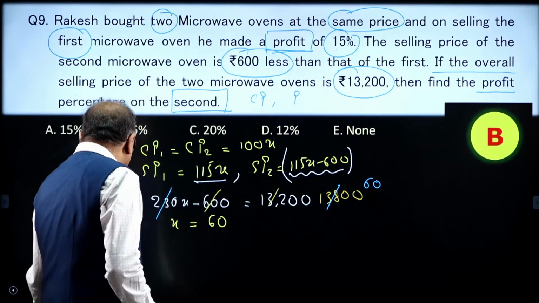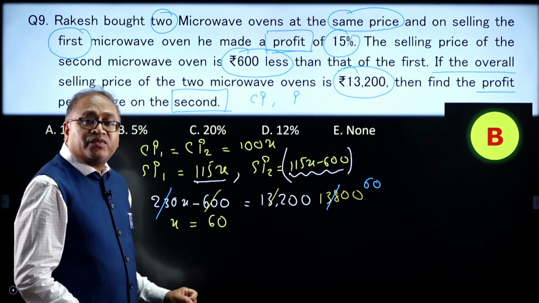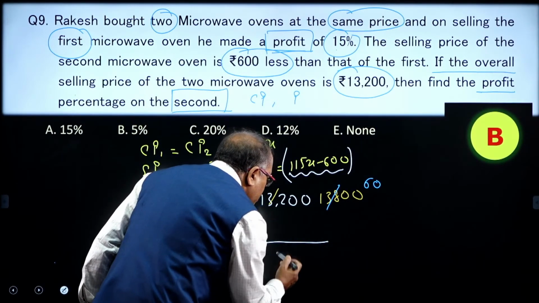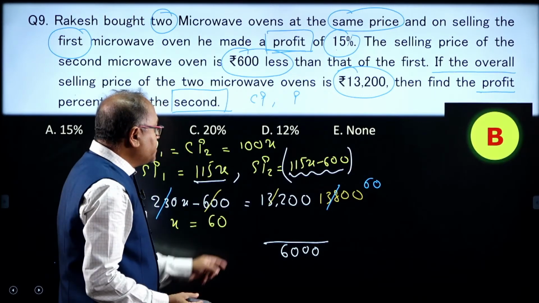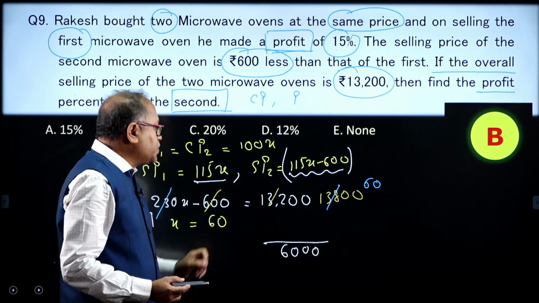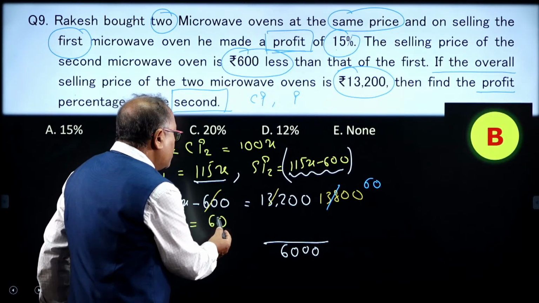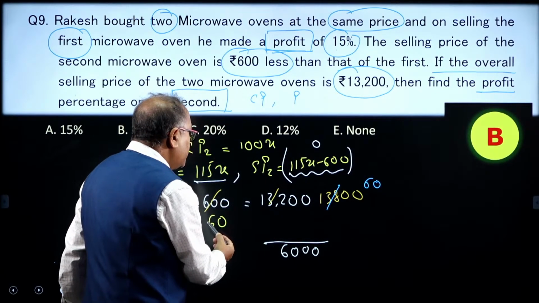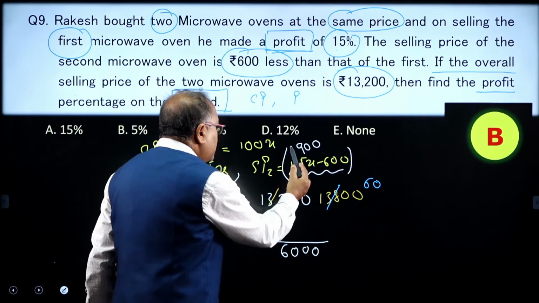So, what is my cost price here? 100x, right? That 100x is 6,000. The cost price is 6,000. What is my selling price? Multiply this by 60: 0, and 15 times 6 is 90, and another 6.